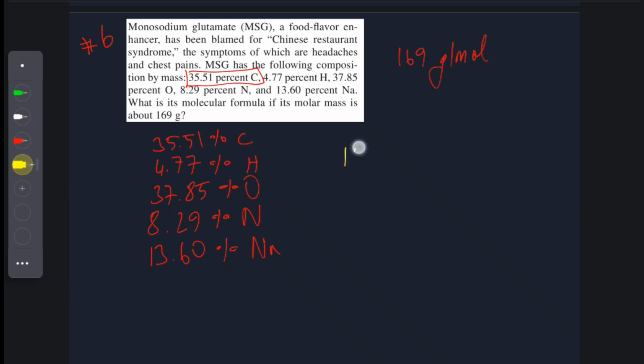Firstly, we have to know the molar mass of atoms. So carbon is 12, hydrogen is about 1, oxygen is 16, nitrogen is 14, and sodium is 11. We can find them in the periodic table, or like me, you could memorize. So 12 carbon, I don't know how many carbon are there.